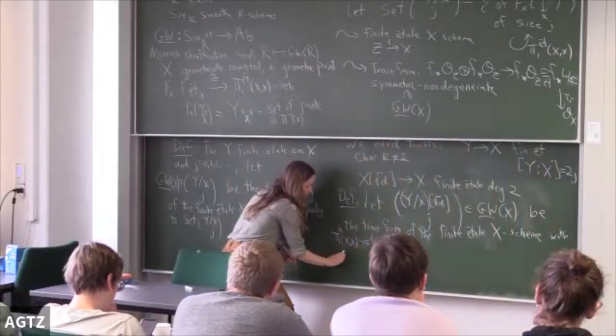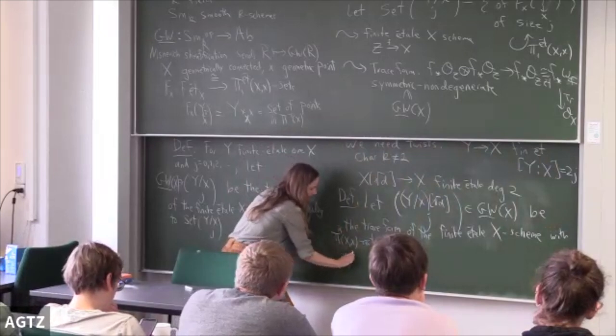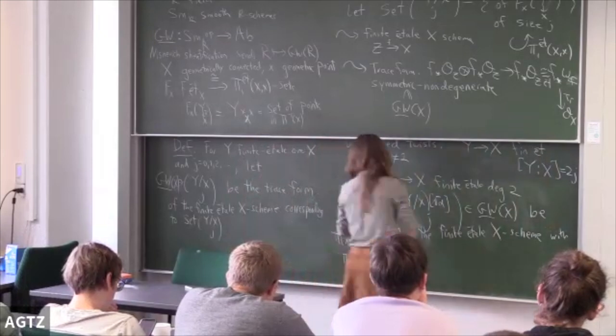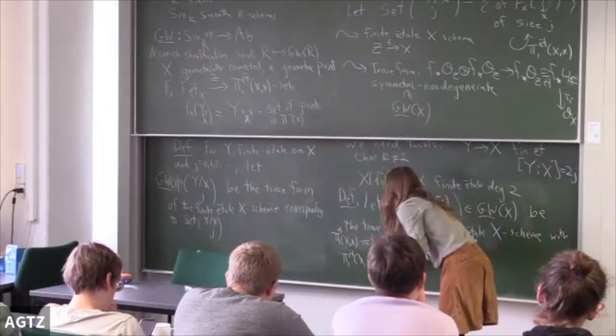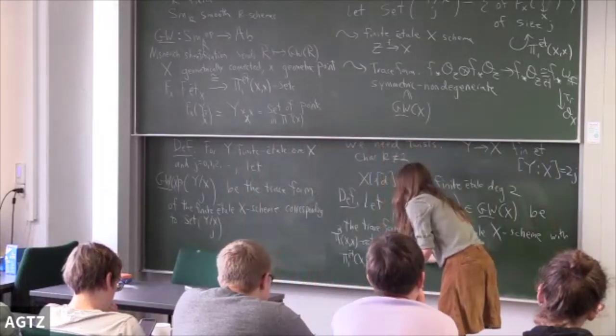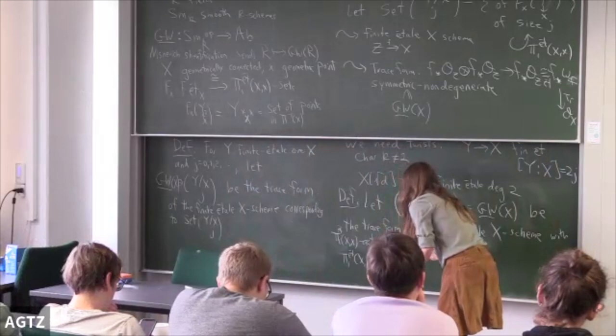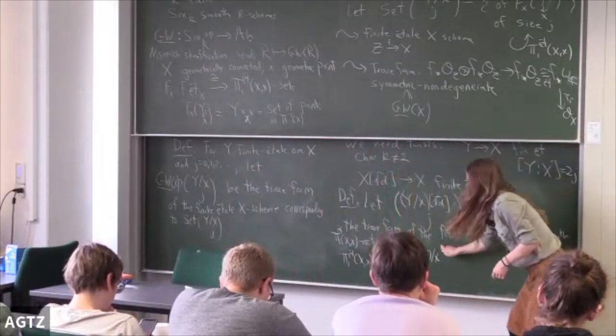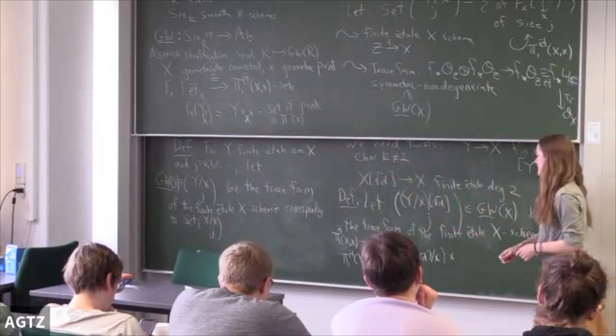So pi1 étale of x maps to the Galois group of x adjoin the square root of d over x. And then it also maps to itself by the identity map.